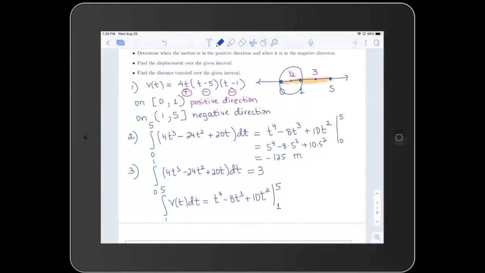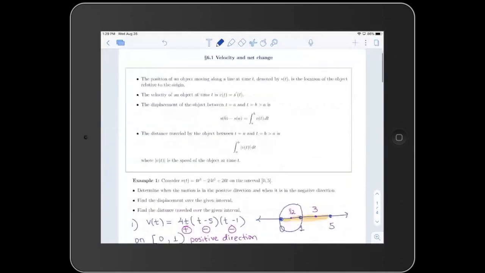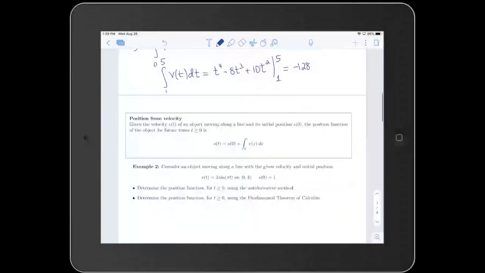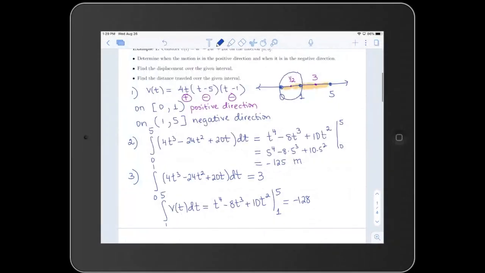So that's negative 128, which makes sense because this is a negative direction, right? If we take the negative of it, then we get just the distance without the direction. So then the total distance should be 3 plus 128. I'm going to double check on this problem for sure. Okay, all right.